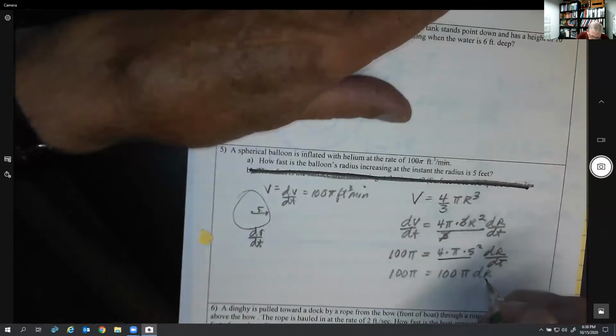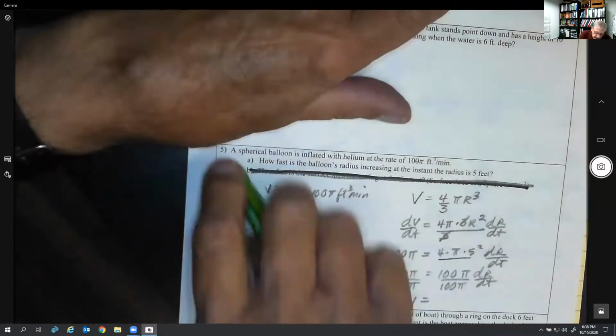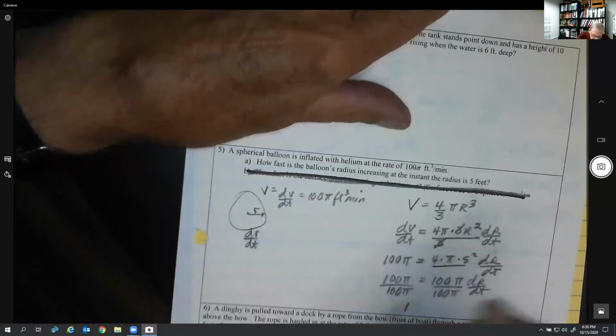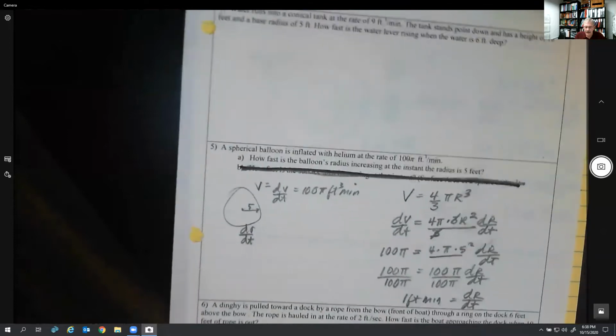And we divide both sides by 100 pi, we get 1. So the radius is increasing at 1 foot per minute. And I guess that's the answer to this. See, it didn't seem that hard, huh? If I did it right, and I think I did. So the radius is increasing at 1 foot per minute.